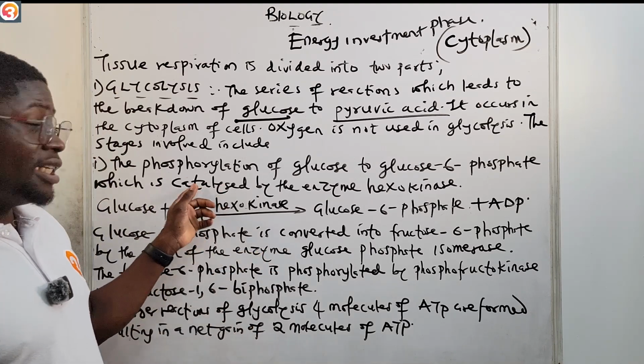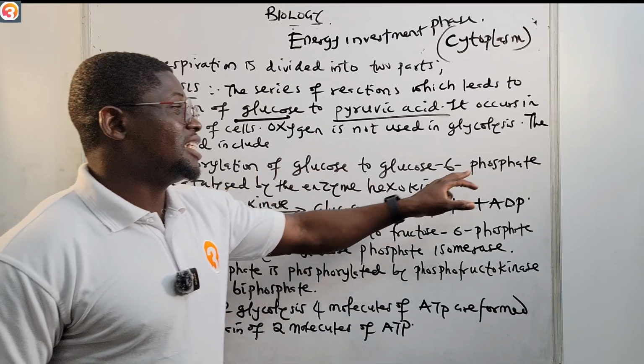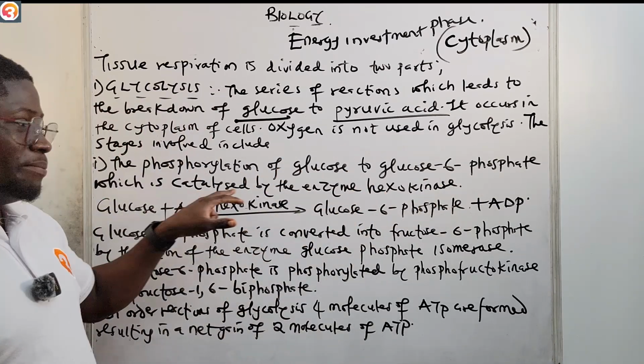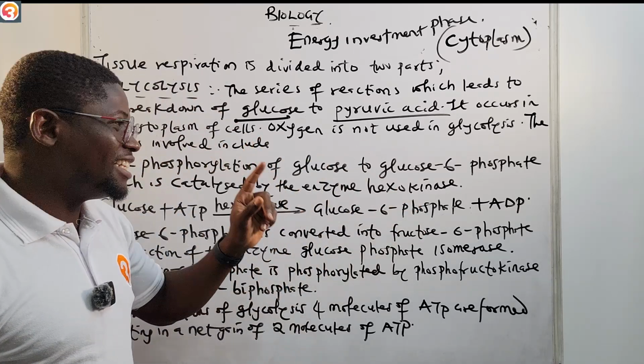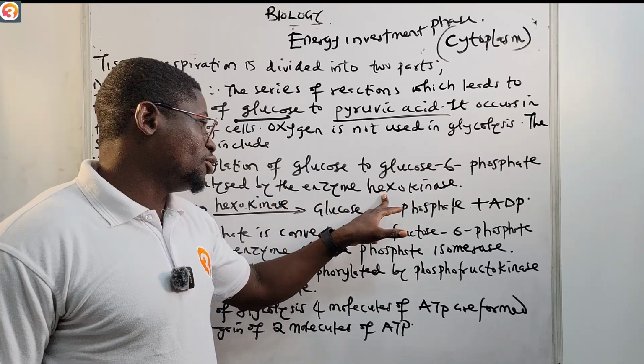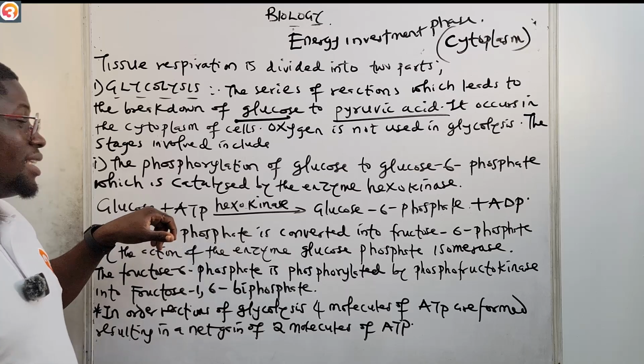The phosphorylation of glucose to glucose 6 phosphate is catalyzed by the enzyme called hexokinase. Take note of that.